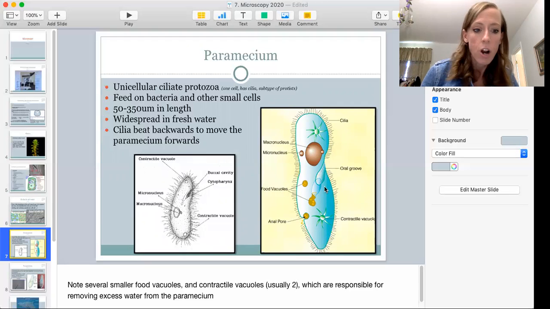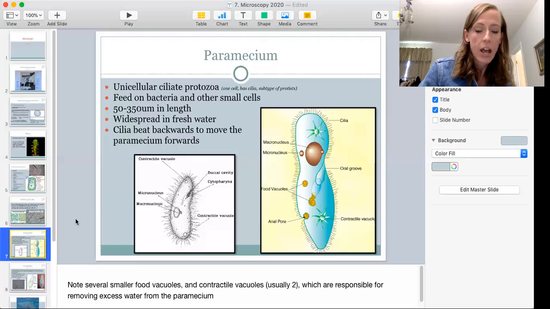Okay. There are also a few additional structures which we would like you to look at in the Paramecium. Aside from the cilia, there are a macro and a micro nucleus, a contractile vacuole, usually two contractile vacuoles, an oral groove, and then you might see some food vacuoles that the Paramecium is using for nutrition.